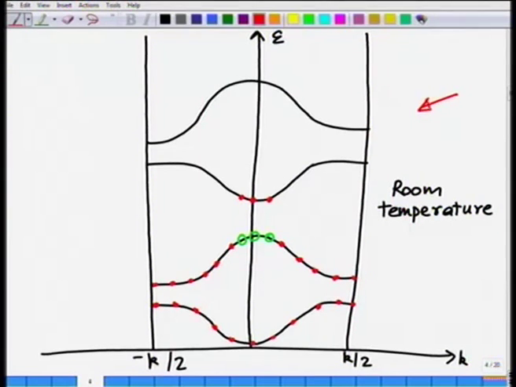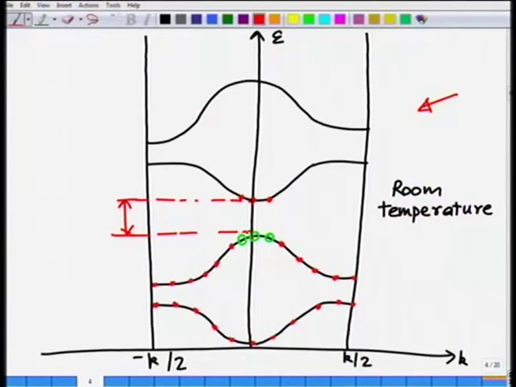Except that now when we go to room temperature, some electrons, in this case I am talking about the second picture right here, in which the gap was not very large, this point being this point and this point being this point, therefore in this schematic 3 electrons could jump to the next energy level.